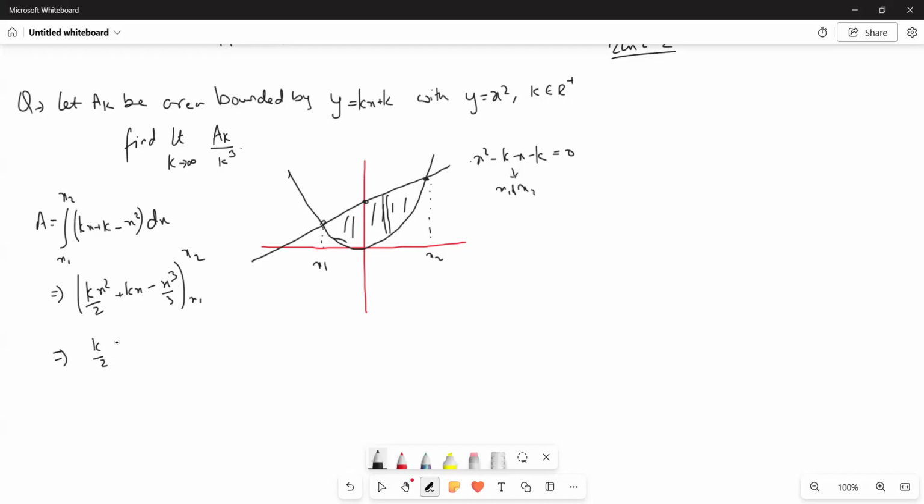So this is k by 2 into x2 square minus x1 square plus k times x2 minus x1 minus of x2 cube minus x1 cube by 3. Did you use something else? Sir, I made a mistake at that time, now 1/6 is coming. Yes, okay.